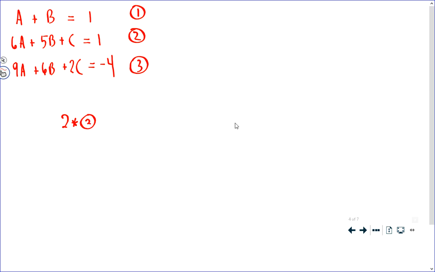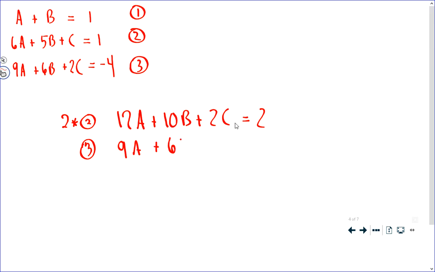What that's going to give me is 12a plus 10b plus 2c equals 2. So I've simply doubled every term in equation 2. And now what I'm going to do is write down what equation 3 is. Equation 3 is 9a plus 6b plus 2c equals -4.